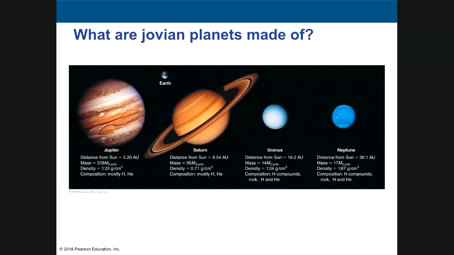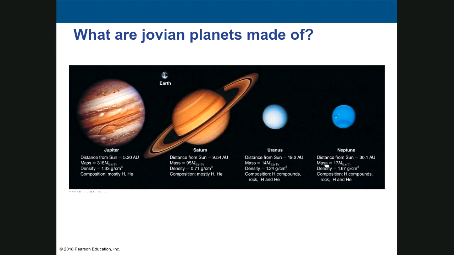Here are the Jovian planets. You'll notice that here's the Earth, and the Earth is just a little guy compared to our Jovian planets. We have two big giant ones and two medium ones, but even Neptune and Uranus are much, much bigger than the Earth. You'll notice that you have the mass in terms of Earth. Jupiter is by far the biggest planet in the solar system. Its mass is 318 times bigger than that of Earth. Saturn is about 100 times, and then 14 and 17.